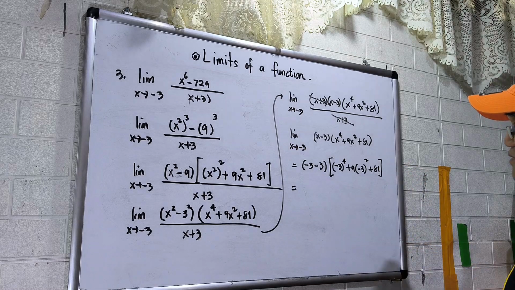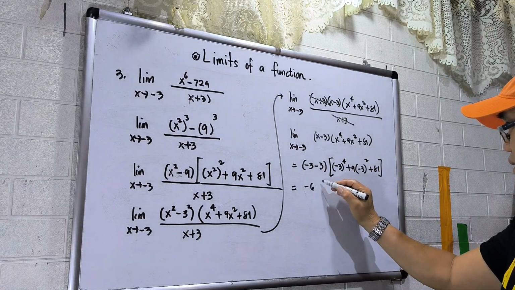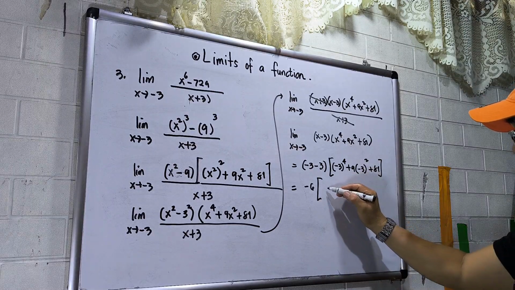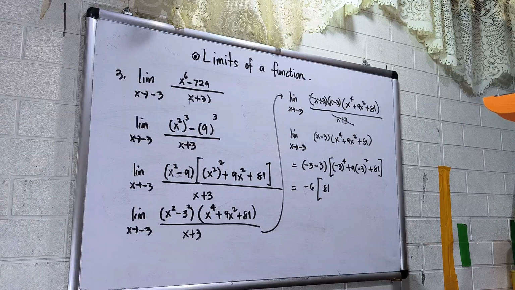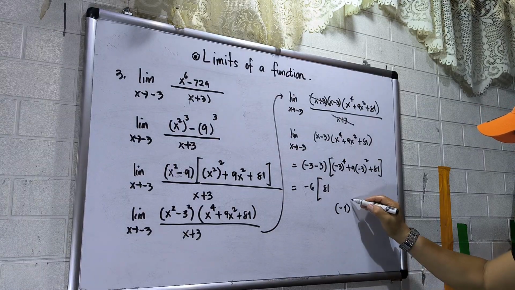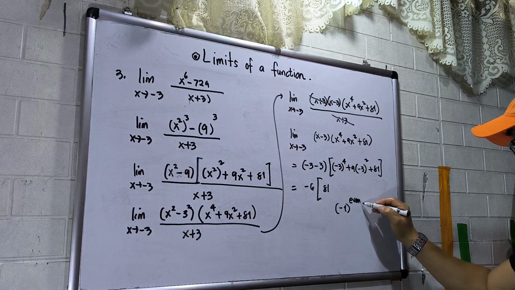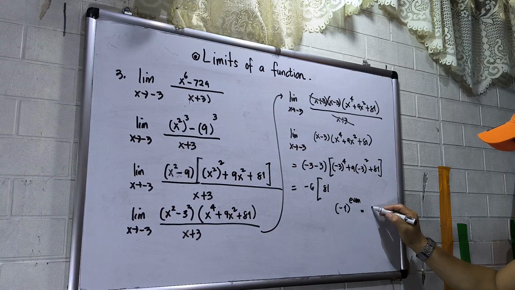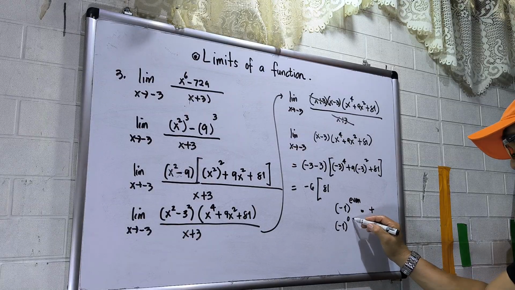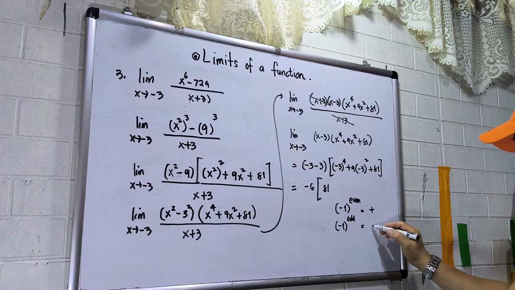So negative 3 minus 3 will be negative 6. Square brackets, negative 3 raised to the 4th power, that is positive 81. Note that if this is negative 1 raised to an even exponent, the sign must be positive. Now if this is negative 1 raised to an odd exponent, this will be negative.